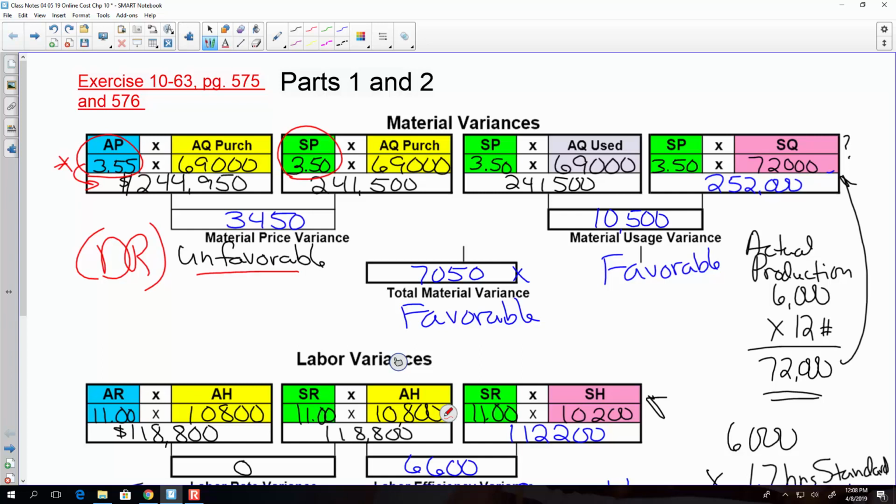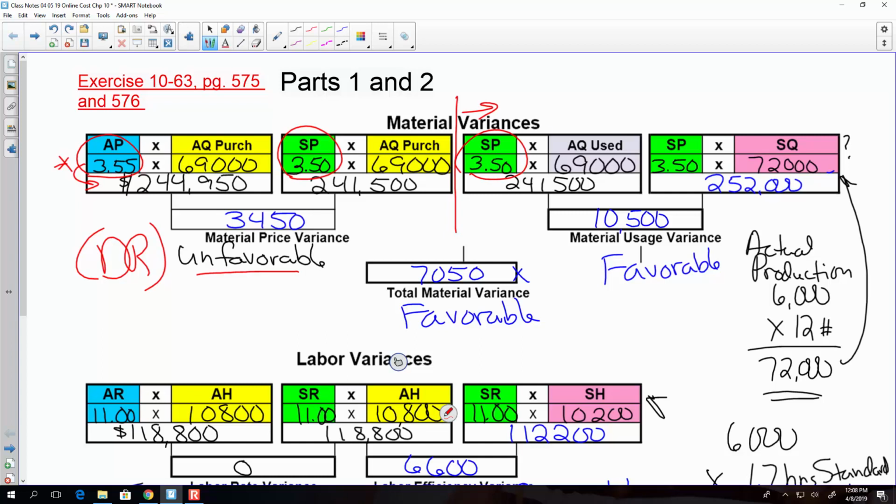On the right side of the material price variances, I'm looking at how we use that material in production. So in this particular case, again, you'll notice I have my standard prices, $3.50, $3.50 located here.